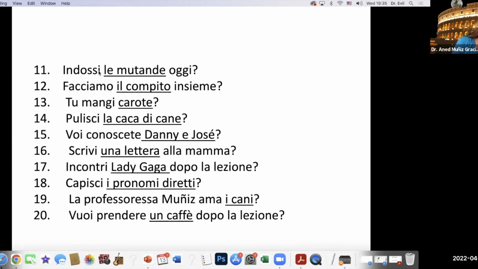So, Lola, Lile, indosi le mutande. That means, are you wearing underwear? This is funny because people are asking each other, but you have the hint here, right? So you would answer: sì, le indosso, indossare is to wear, or non le indosso.